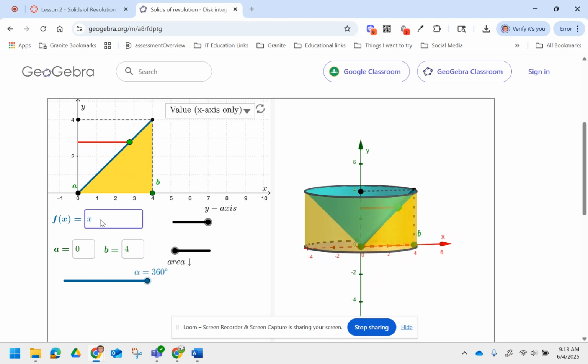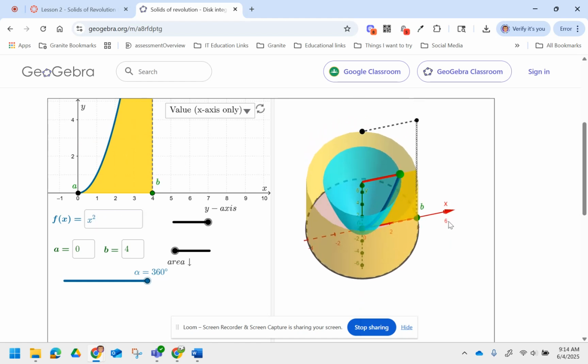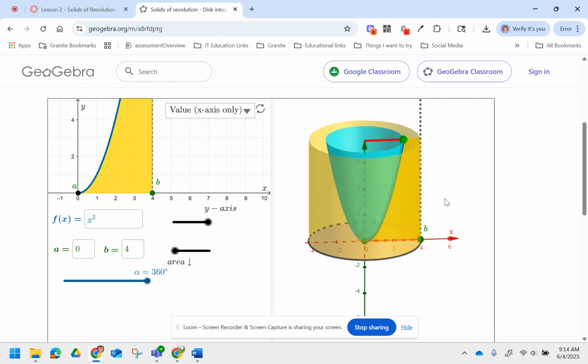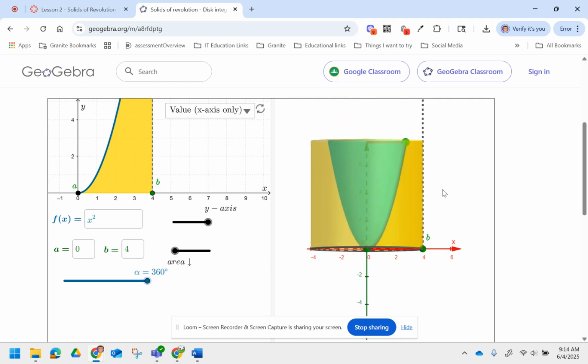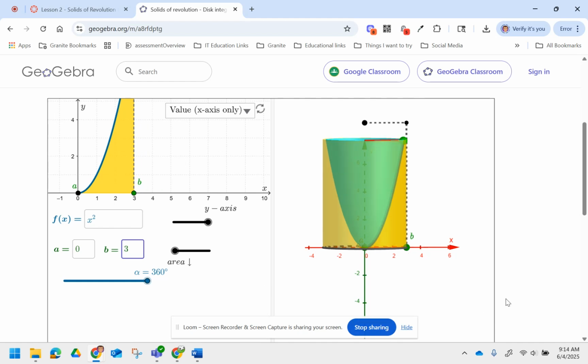We could even change that a bit by changing this equation. And now we've got more of a bowl shape. I'm even going to change it a bit more. There we go. Now it looks even more like a bowl.